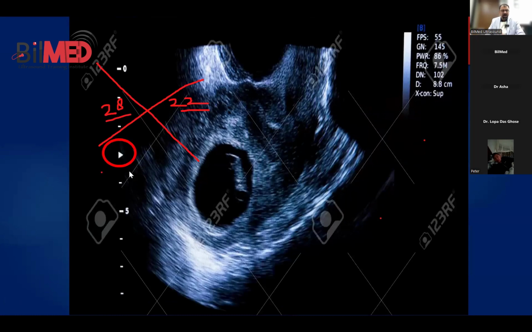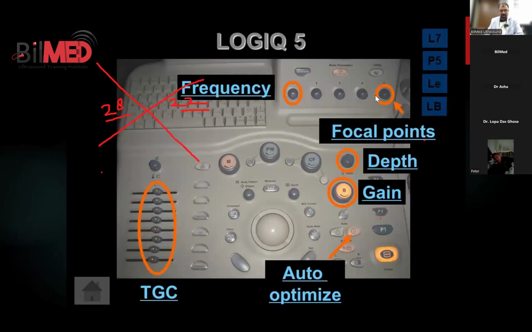Okay, so regarding the focal zones, there is a button in the machine, it is over here. There is a button in the machine by which I can increase the focal zones, or I can even decrease the focal zones, and I can move these focal zones toward this side or towards this side.